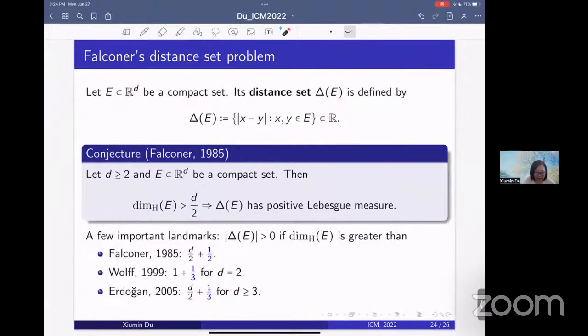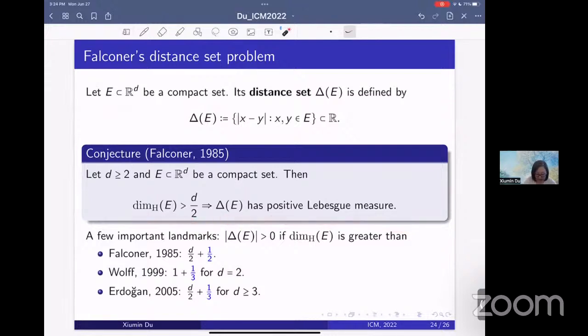And based on an example constructed around lattice points, Falconer proposed this conjecture. It says that if the Hausdorff dimension of E is greater than d over 2, then its distance set has positive Lebesgue measure. Here, d is at least 2, and this conjecture is still open in all dimensions.